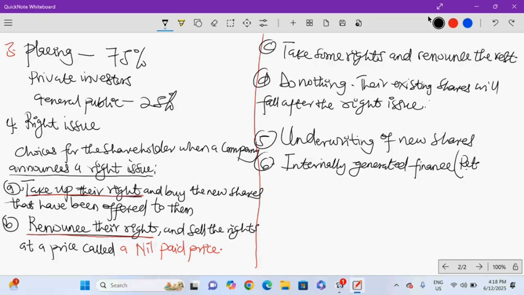That is basically talking about the retained earnings.